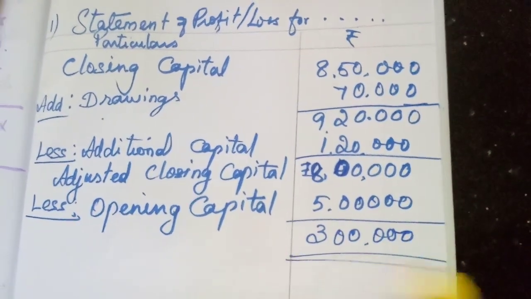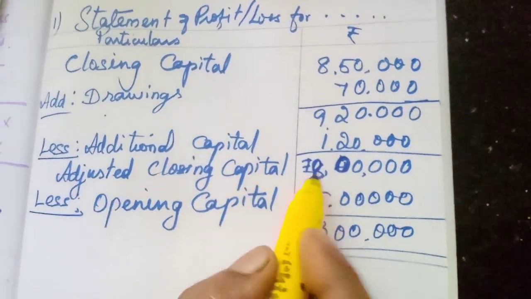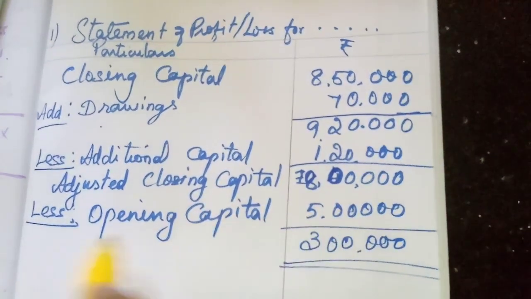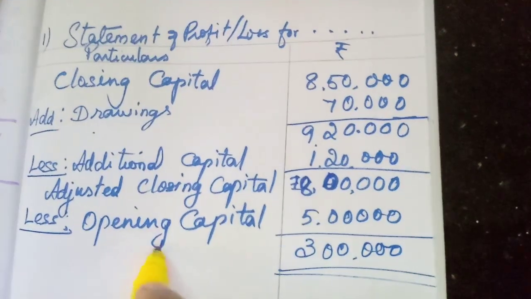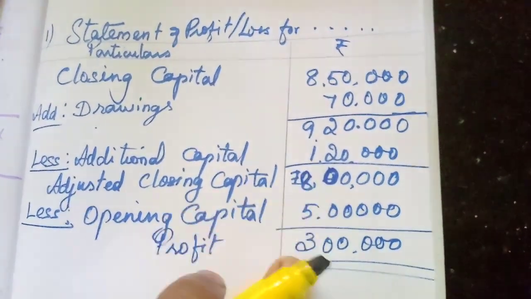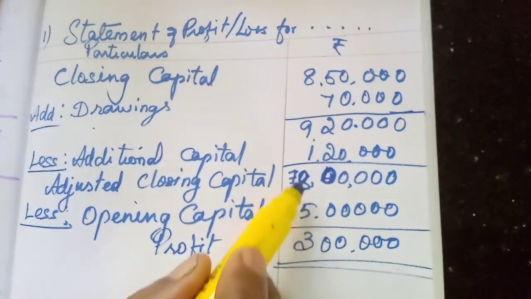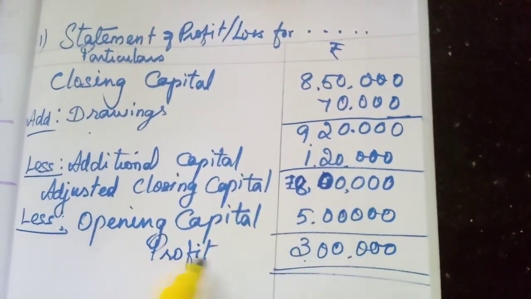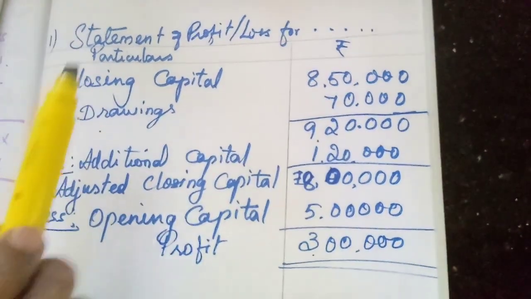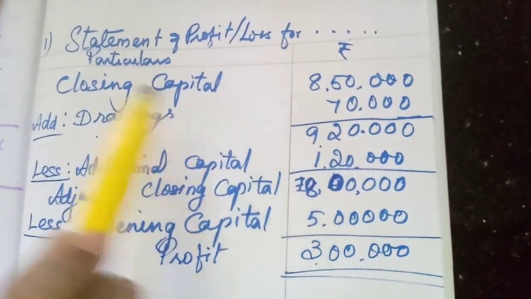That is the profit. Since the adjusted closing capital is more, it is profit. You have to write profit. If the opening capital is more, you have to deduct this amount from this amount, and here you have to write loss. I think you might have understood. Here they may ask for any one amount.